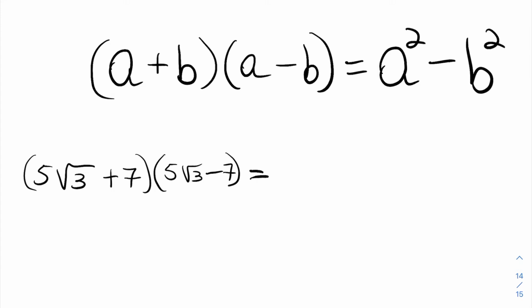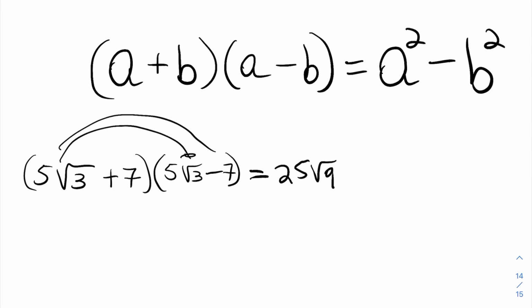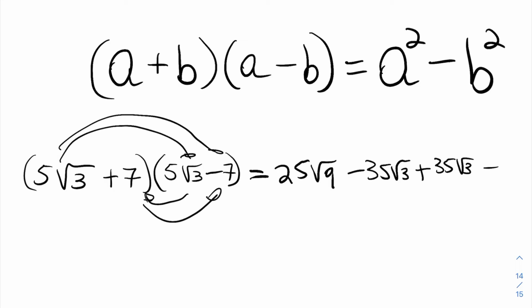We can even do it the long way. First times first would give me 25 square roots of 9. Outside would give me negative 35 square roots of 3. Inside would give me positive 35 square roots of 3. And last times last would give me negative 49. So we get 25 times 3.